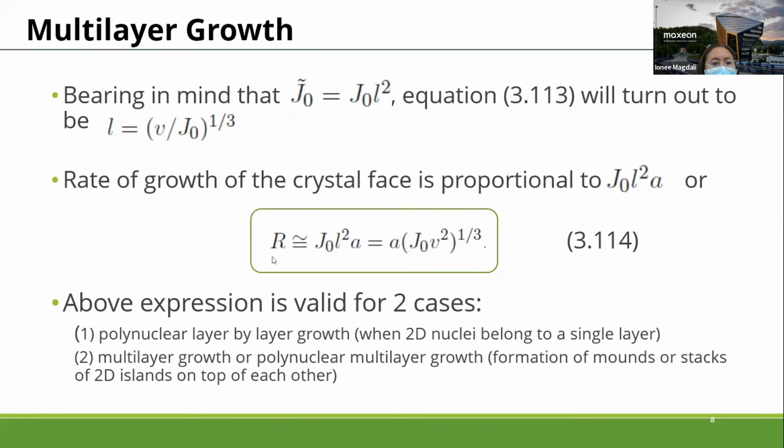This expression is valid for two cases. The first case is the polynuclear layer by layer growth, where 2D nuclei belong to a single layer. The second case is the polynuclear multilayer growth, where mounds or stacks of 2D islands form on top of each other.